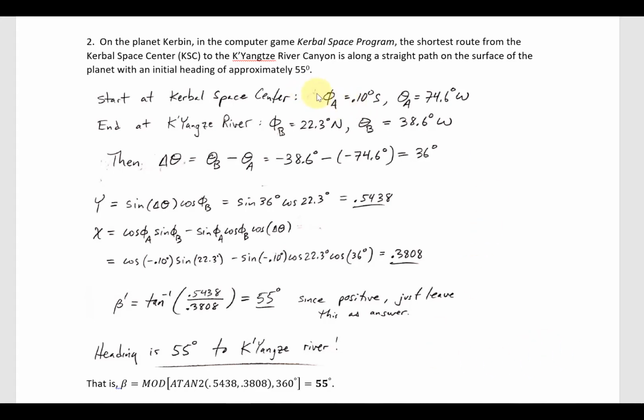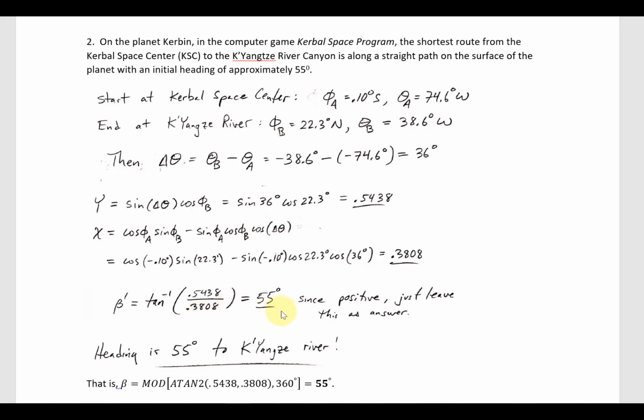So the Kerbal Space Center is at 10 degrees south latitude, just below the equator, and 74.6 west. And the Yangtze River is at 22.3 north and about 38.6 west. So again, I get this delta theta, the difference between the longitudes. This is the terminal minus initial. I get this 36 degrees, which is then used in computing this y and x, numerator and denominator, that we use in the inverse tangent.